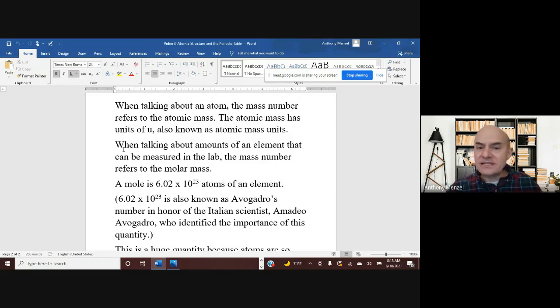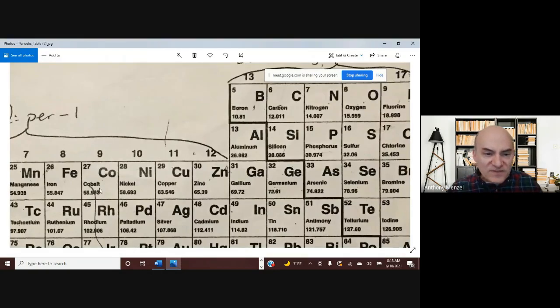That's not going to be something you can do a reaction with or measure on a digital scale or a balance. So when talking about amounts of an element that can be measured in the lab, the mass number refers to the molar mass. So this number here for cobalt is 58.983 atomic mass units for an atom of cobalt, and it's also 58.983 grams of cobalt for a mole.